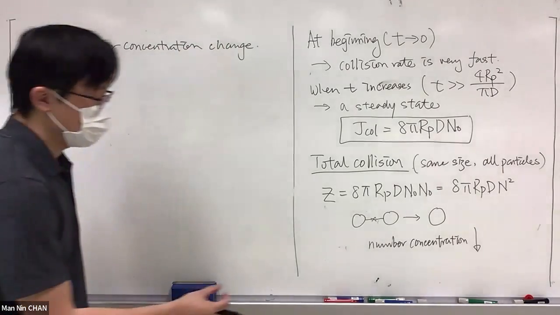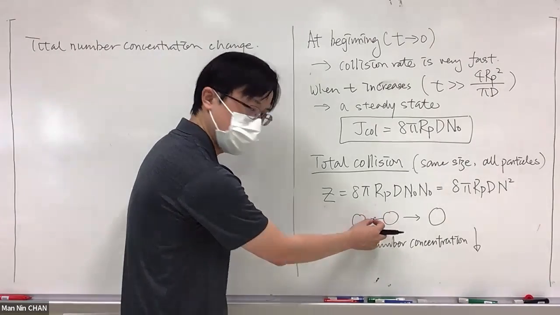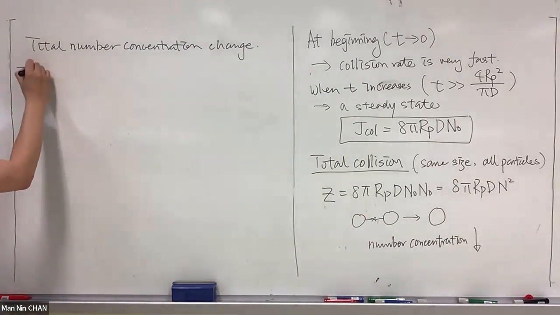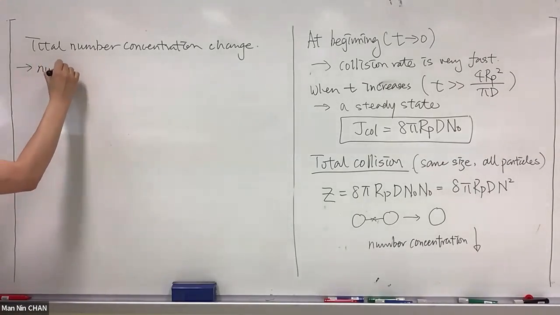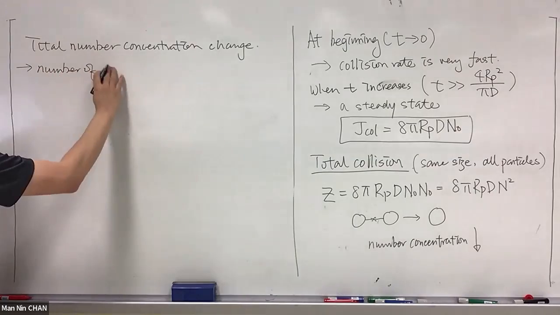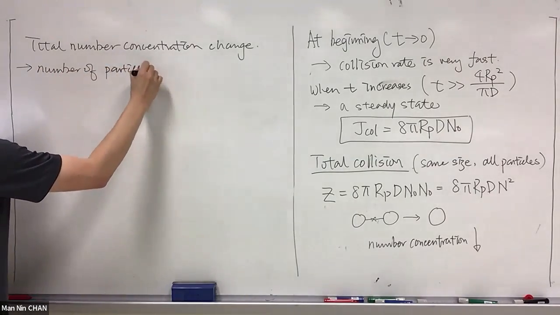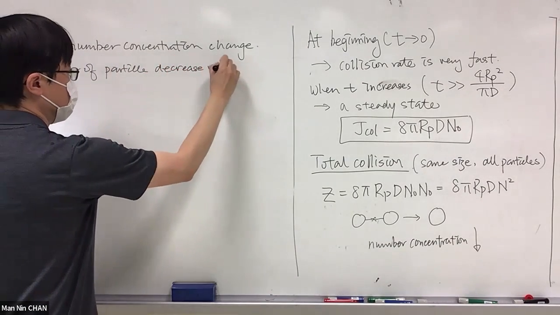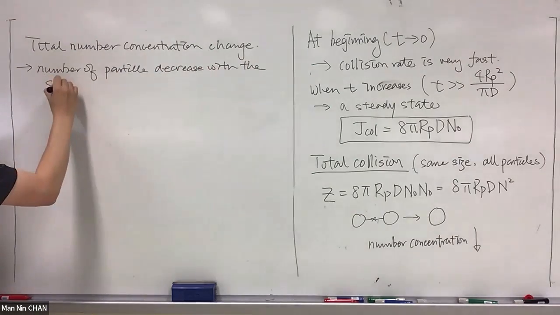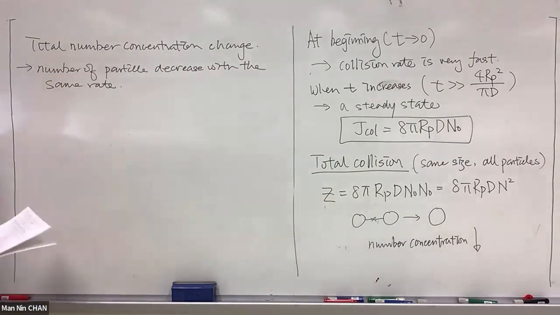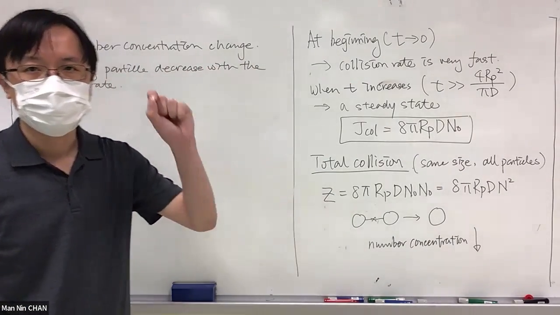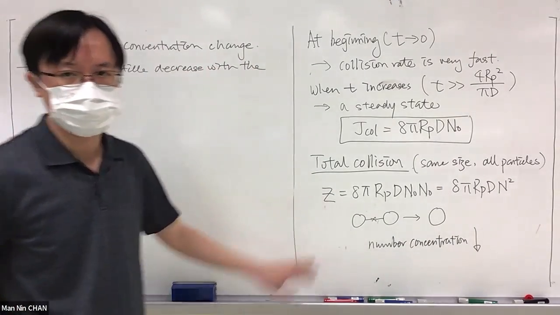One thing you can also see is that the number of your particles will decrease at the same rate, because you can always argue that every time this collision happens, your number will decrease by 1.